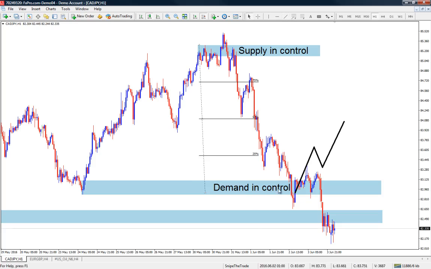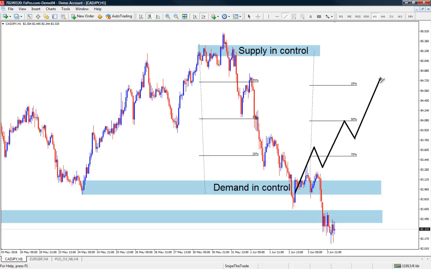Now demand is in control, and we are going to be looking to buy this market up until that, I'm sorry, it's upside down, up until that 25% level. When price breaks that 25% level, we are no longer going to be looking to buy the market because we are going to want to know what the reaction to that supply is going to be.